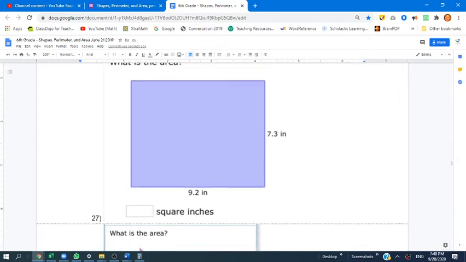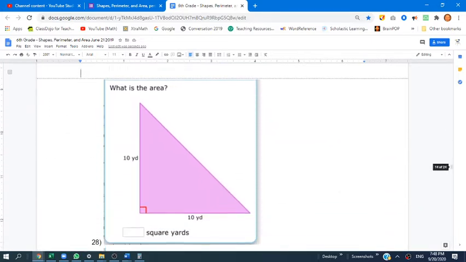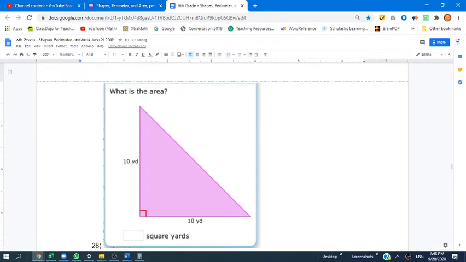Number 27. What is the area? Number 28. What is the area?